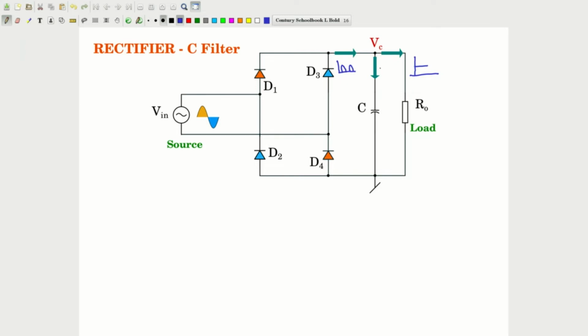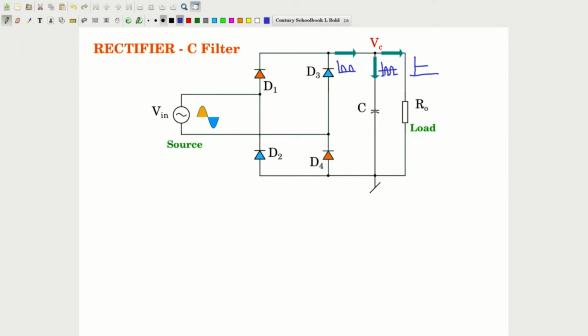And through the capacitor we expect the current to have gone down by the load current value, something like that. Anyway, we will discuss this current wave shape in more detail in the slides to come.